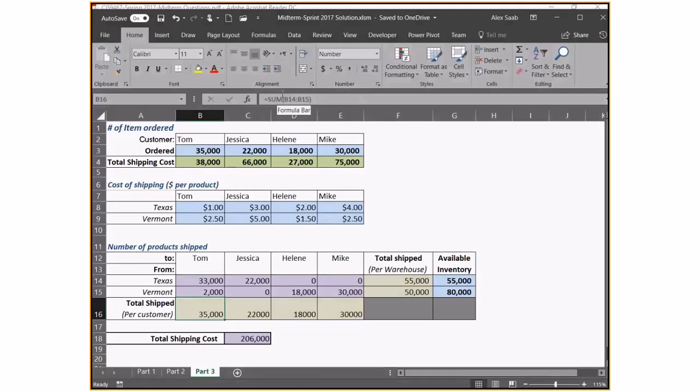And the shipping from both should add up to how much you ordered total, right? You ordered 35,000. You ship 33,000 from Texas because it's cheaper for him, and the remaining from Vermont. Did you do that by hand? No, solver will do that.